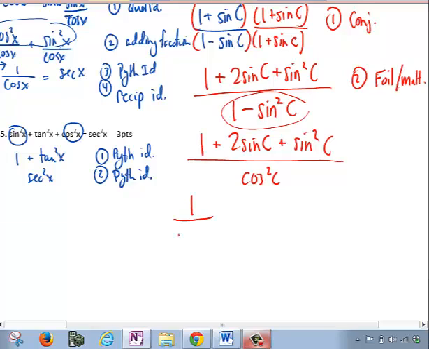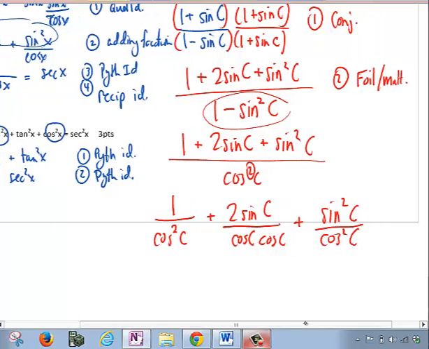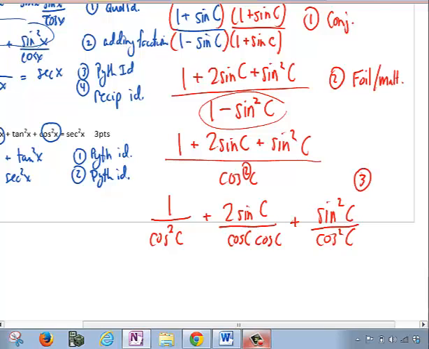I'm going to have 1 over cosine squared of c plus 2 sine c over cosine of c. I'm going to write cosine of c again for that cosine squared part. And then the other one is going to be sine squared of c over cosine squared of c. This step is breaking fractions or separating fractions.